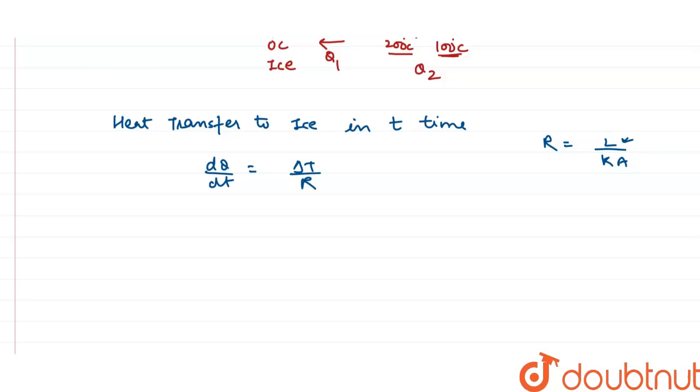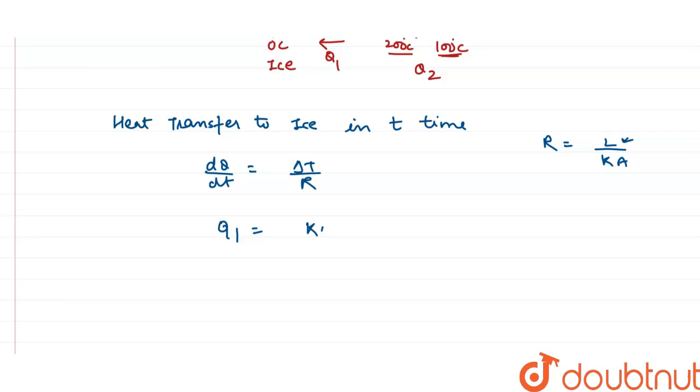So for case first, the heat transfer to ice in t time, I can write this heat as Q1. So Q1 will be given as, temperature difference is 200 minus 0, and the value of R is L upon KA.